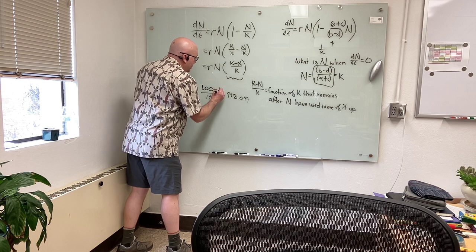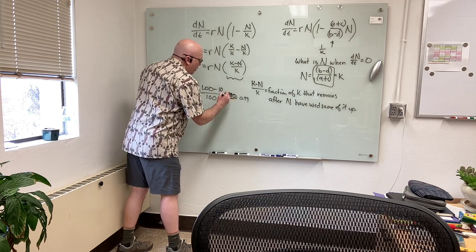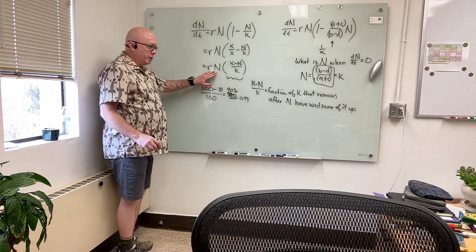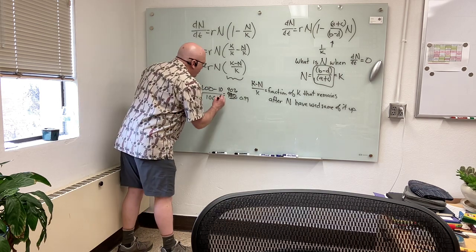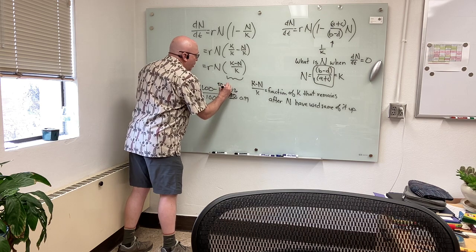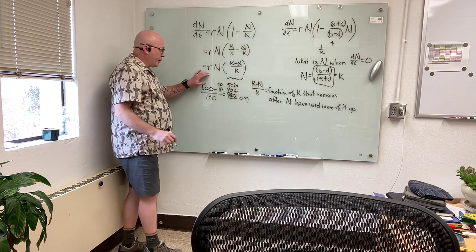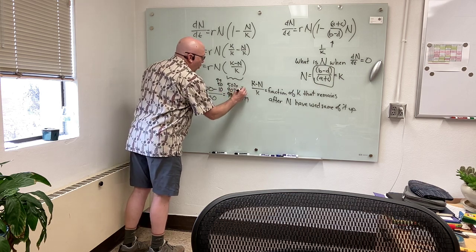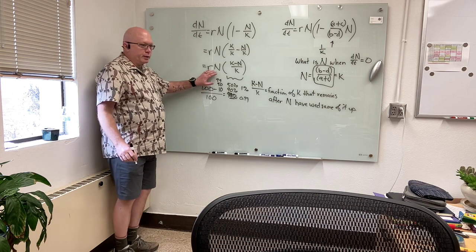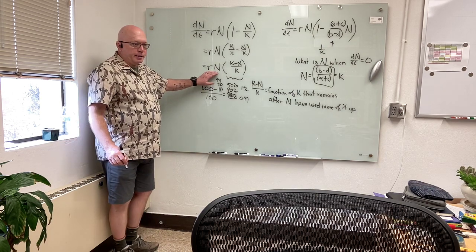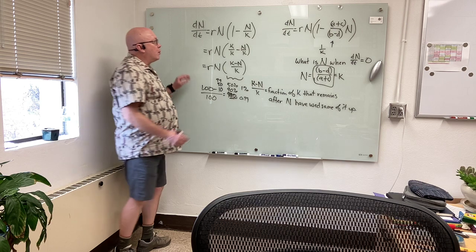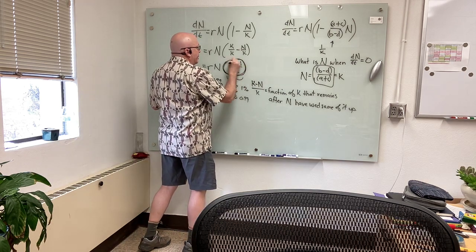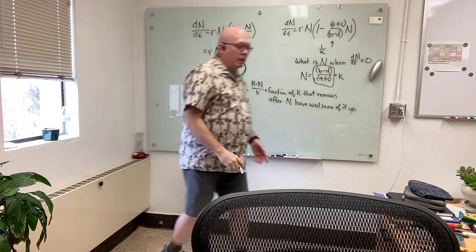But if you have 10 individuals, the population will only be growing at 90% of what it would be growing if it was under density independence. If you have 50 individuals, it will be growing at 50% of the rate. If you have 99 individuals, it will be growing at 1% of the rate that you would expect under density independent conditions. And so this is what enables us to incorporate density dependence into this population growth curve, the growth equation.